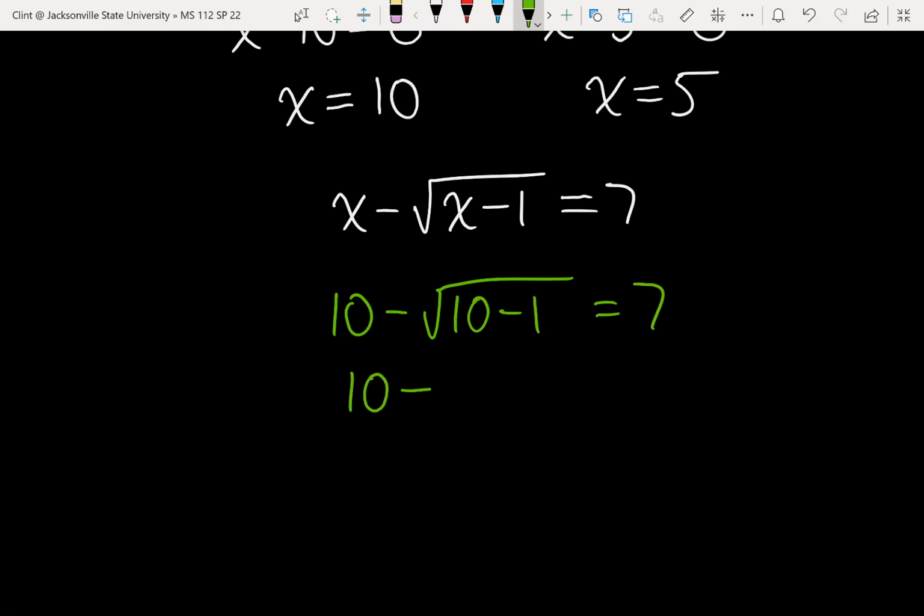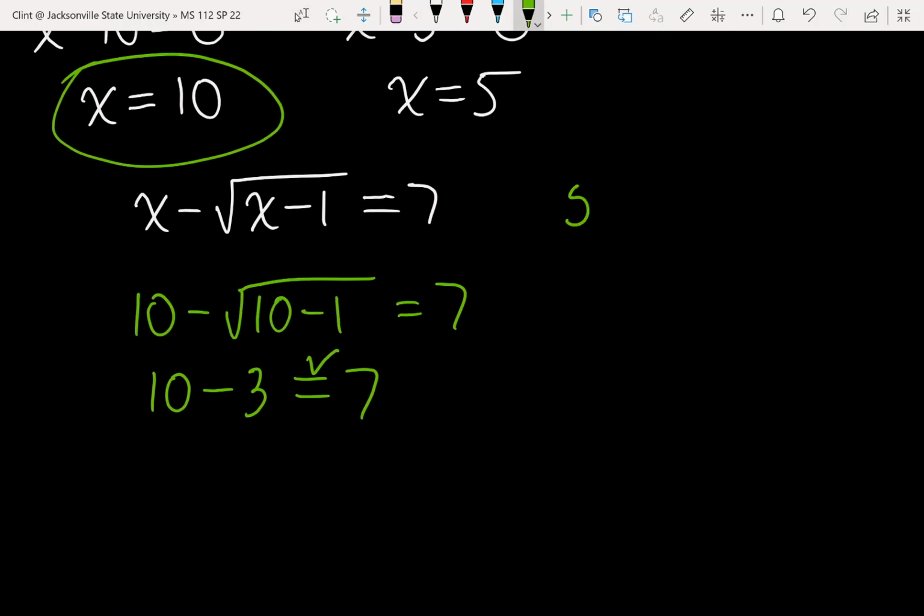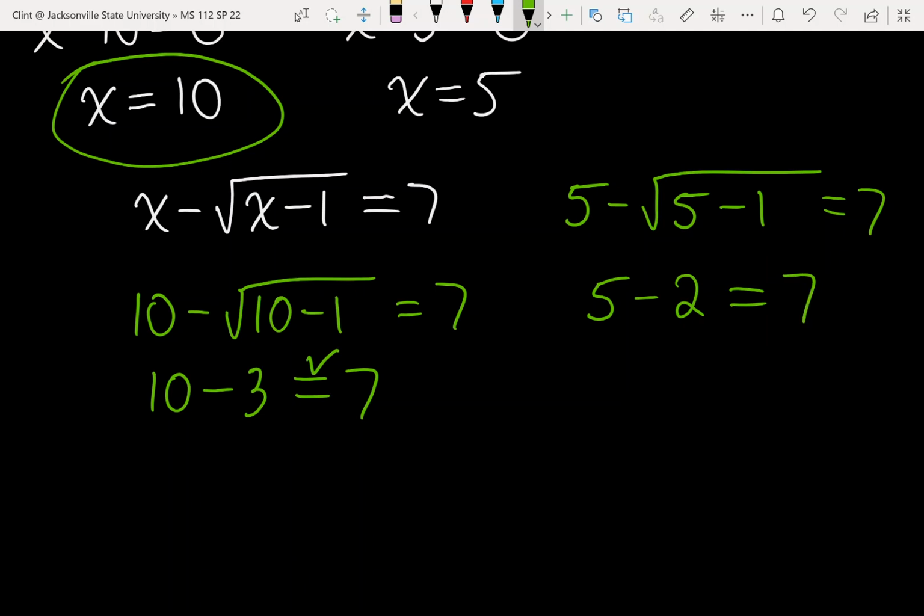Because it'll be 10 minus the square root of 9, which is 3, equals 7, so that one's good. Try it with 5. And that one will have 5 minus 2 equals 7, and that doesn't work.